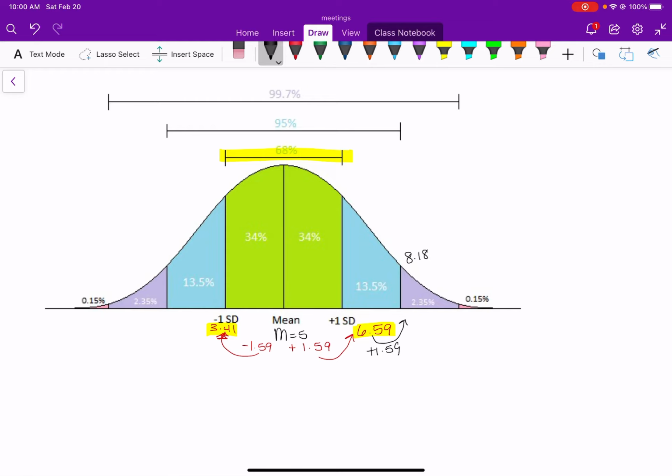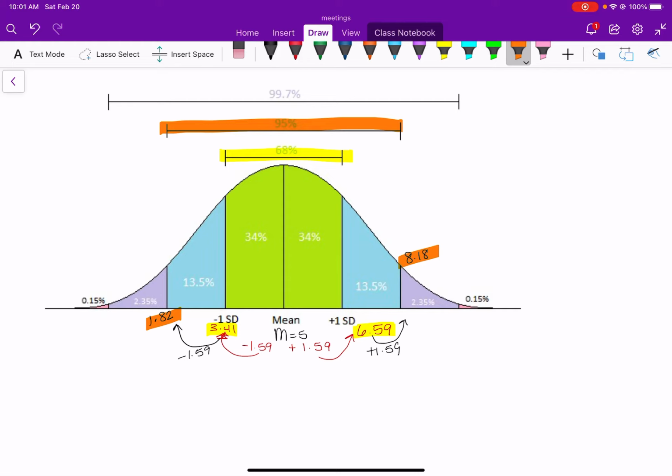Then we can do the same thing going backwards, subtracting 1.59. We have 3.41, that's one standard deviation away. We subtract 1.59, and we get 1.82. So that means that 95% of our data lies somewhere between 1.82 and 8.18.